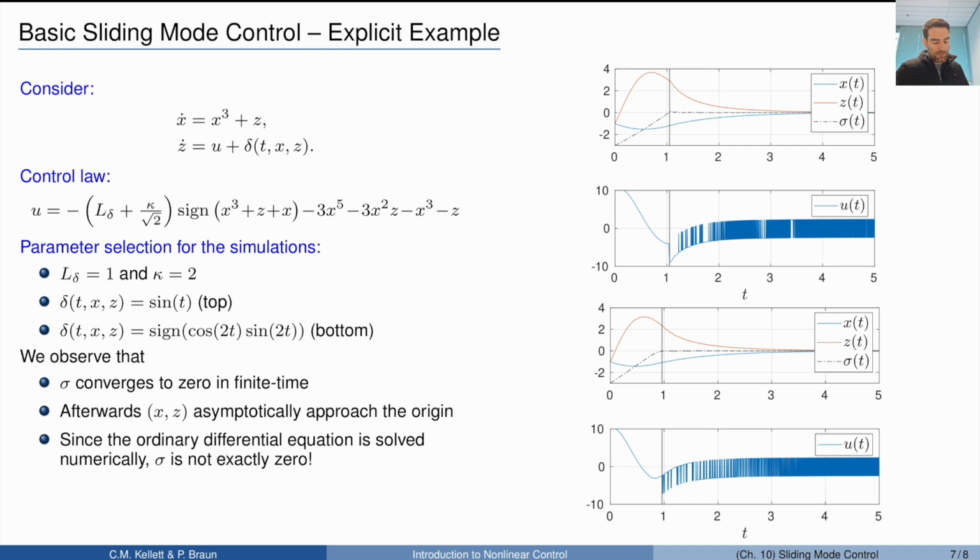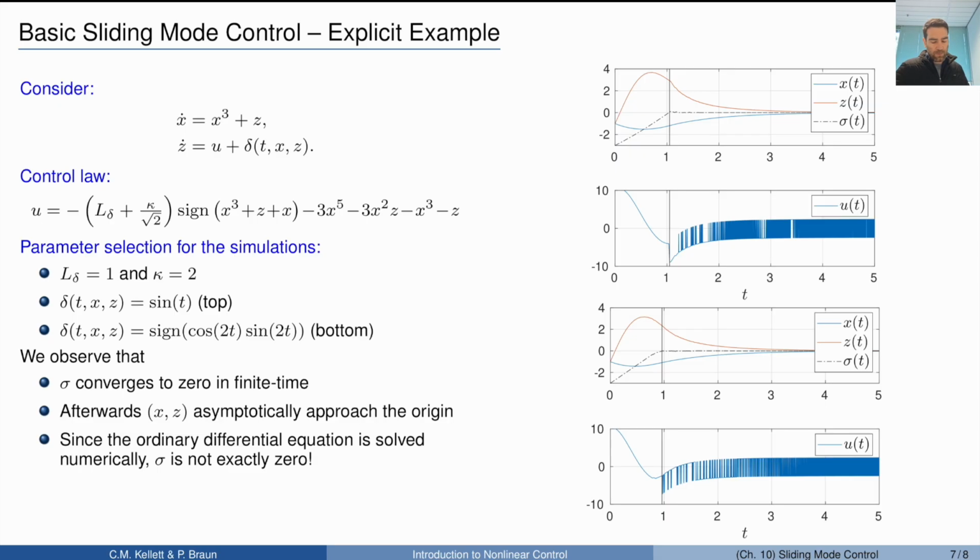Once that's achieved, then we observe that our states x and z asymptotically converge to the origin. So first we have the finite time convergence to 0, and then the asymptotic convergence of x and z.